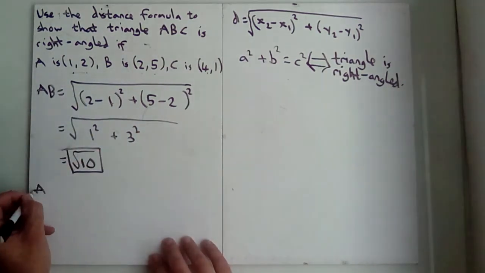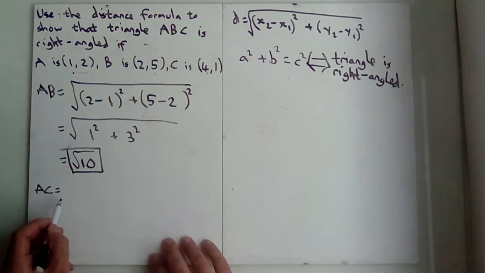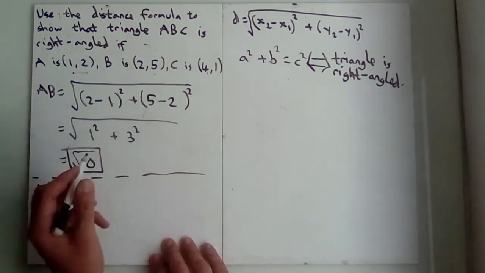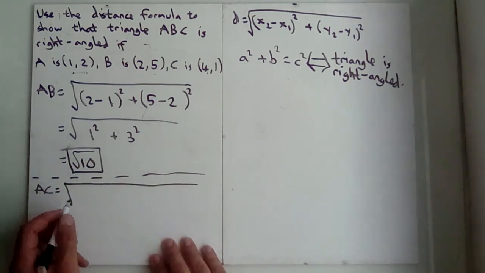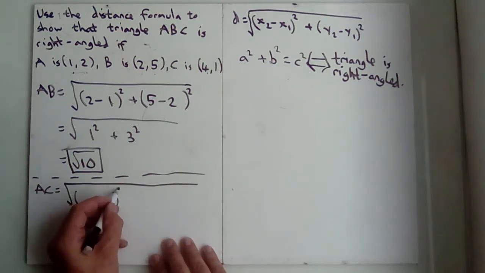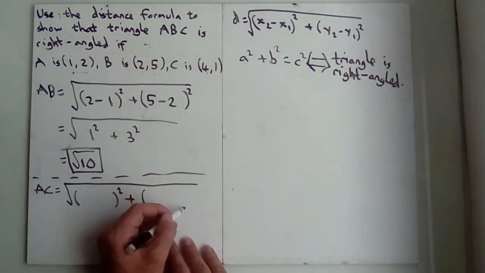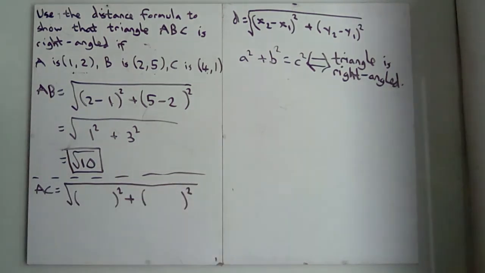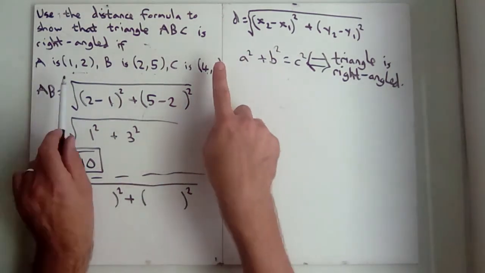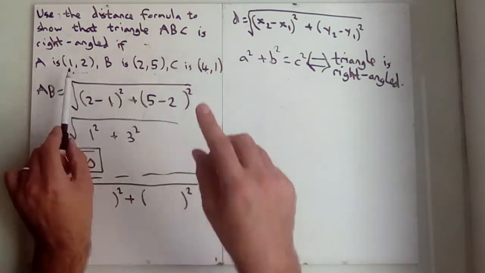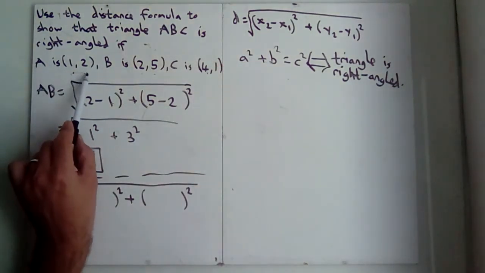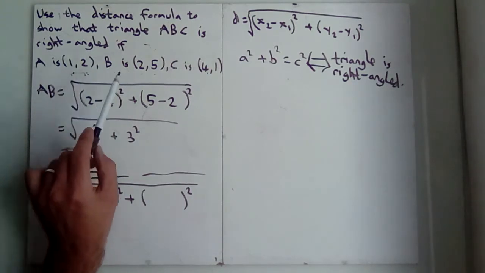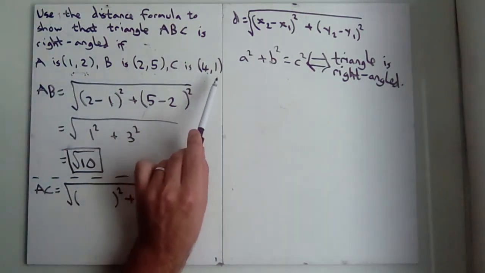So AC. Exactly the same way, so let's put a line divider. AC equals the square root of something minus something squared plus something minus something else squared. For AC, we're using the coordinates of A and C. So this time I'm going to use my A as x1, y1, and C as x2, y2.